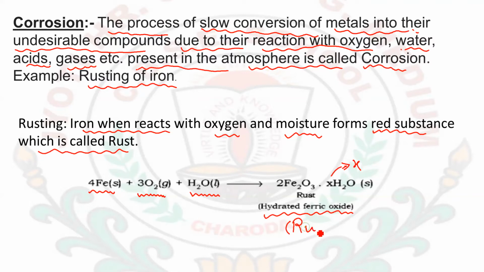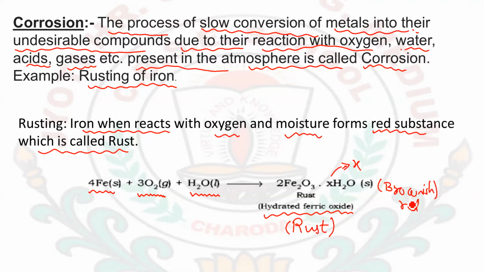The chemical name of rust is hydrated ferric oxide, and the chemical formula of rust is 2Fe2O3.XH2O. It is a brownish red colored substance.